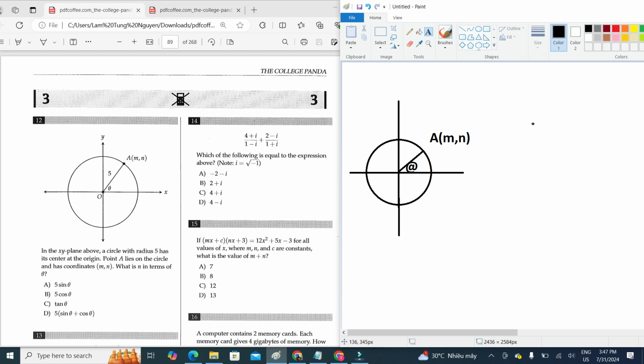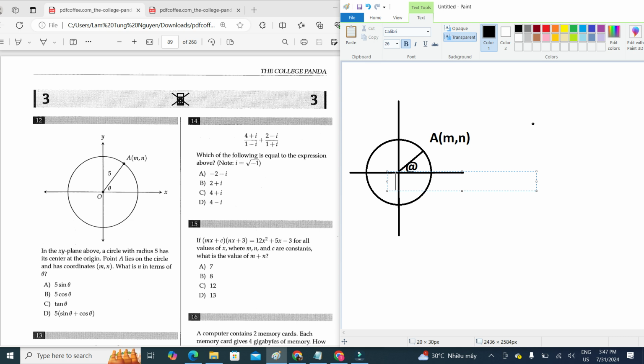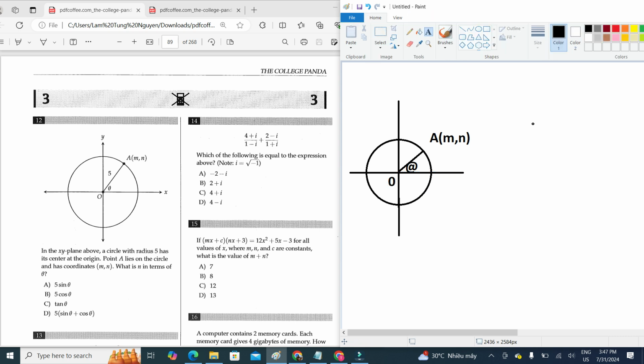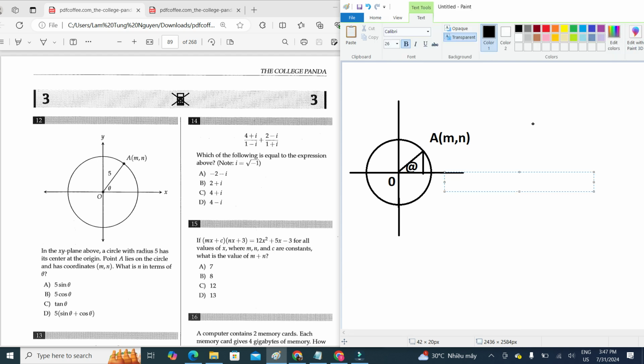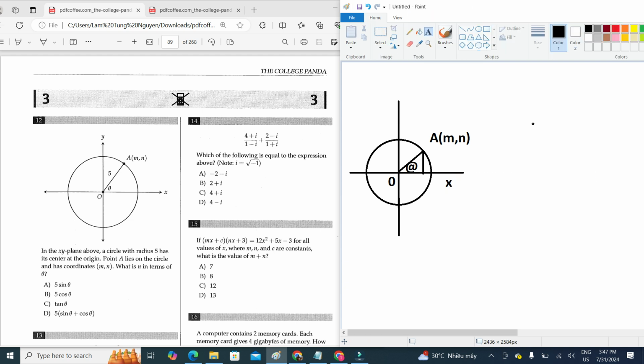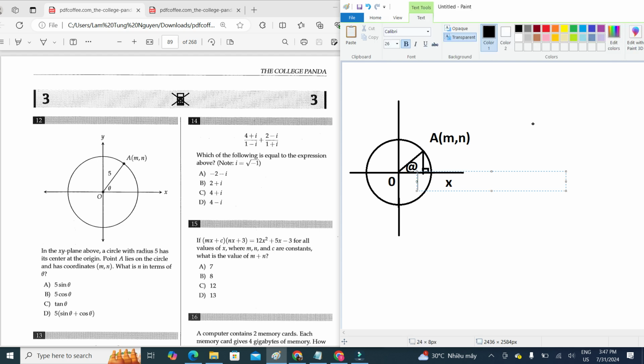So let's call the origin O, and we just draw a perpendicular line from A to the OX axis. This is the OX axis, and this is a perpendicular line. And we're going to set this point to, let's say, B. Okay.